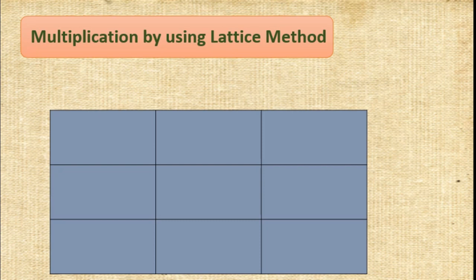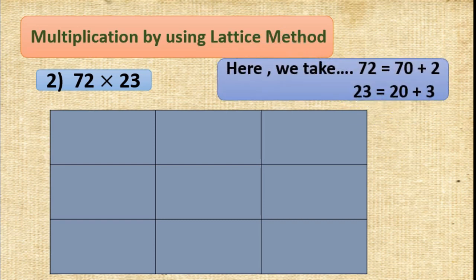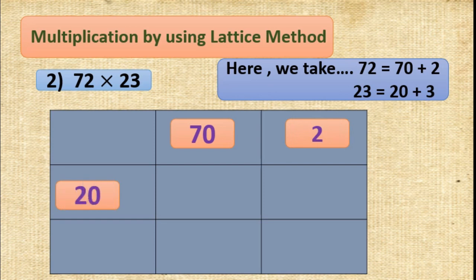Multiplication by using lattice method. Again here the number is 72 multiplied by 23. Yes, in the expanded form we will write them. 72 is equal to 70 plus 2 and 23 is equal to 20 plus 3. So here we will write 70 and 2, here 20 and 3 and the multiplication sign.